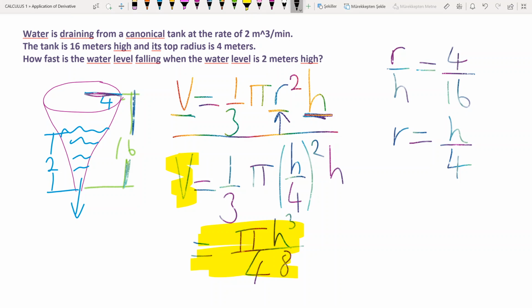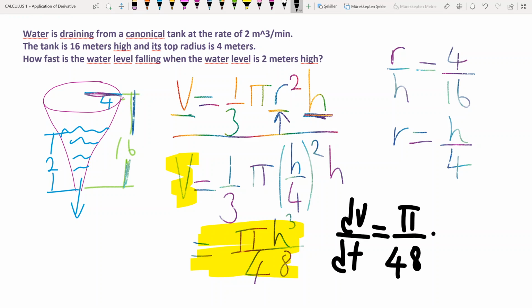So the derivative of V, that is dV over dt, is equal to pi over 48 times 3h squared times dh over dt.